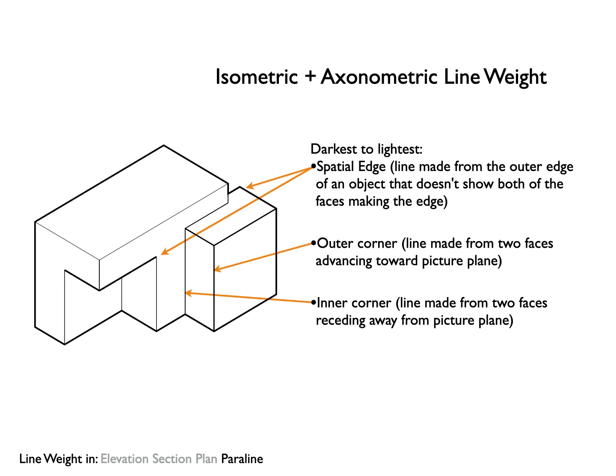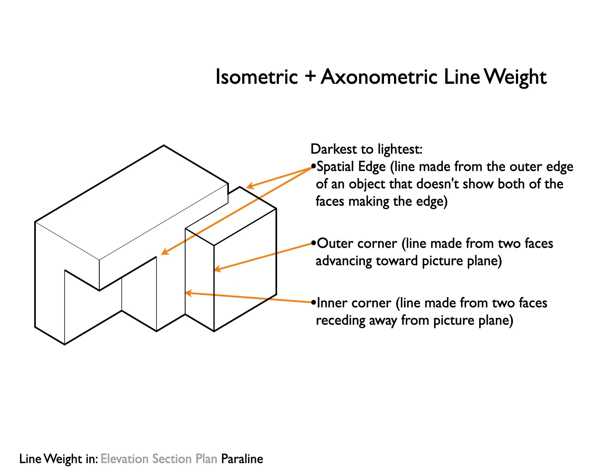I know this term might have been used before in elevations and meant something slightly different, but it's very specific here: in an isometric, a line that doesn't show both sides of the edge. If you don't see both faces that make that edge, you could consider it a spatial edge.